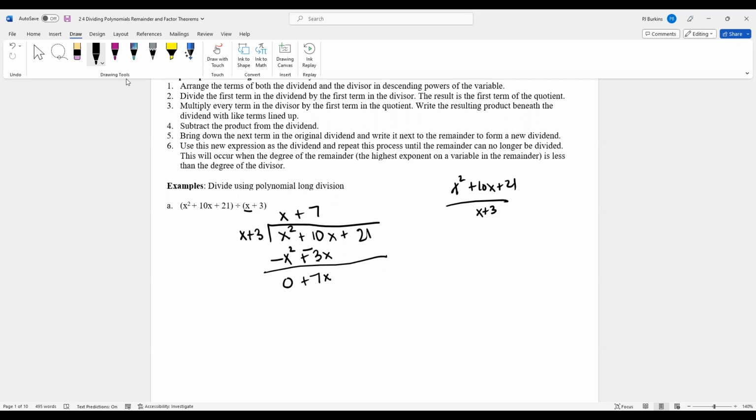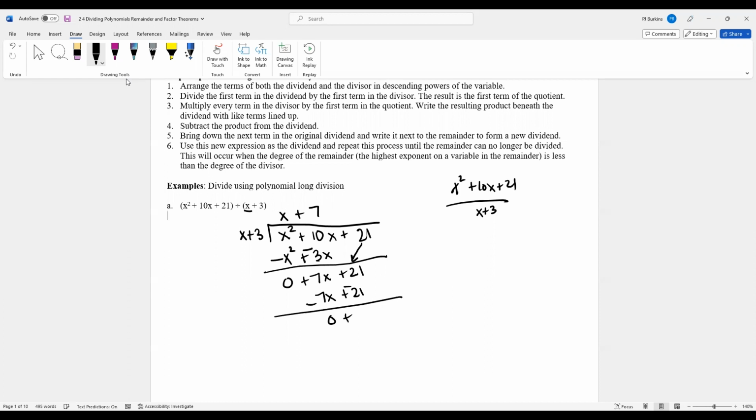So now I take the 7 and I multiply it by everything in my divisor. So 7 times x is 7x. 7 times 3 is 21. I also would need to bring this 21 down, and then I subtract the results. Now this time you'll notice that I have 7x minus 7x, that's 0.